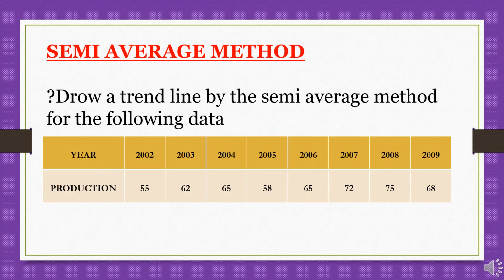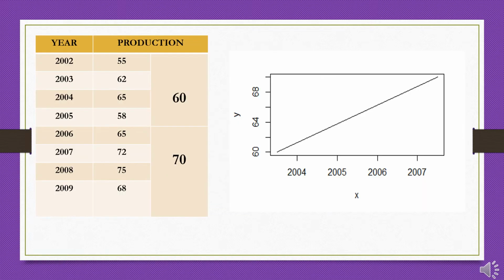Draw a trend line by the semi-average method for the following data. Year 2002, 2003, 2004, 2005, 2006, 2007, 2008, 2009, and the corresponding production values are 55, 62, 65, 58, 65, 72, 75, 68.